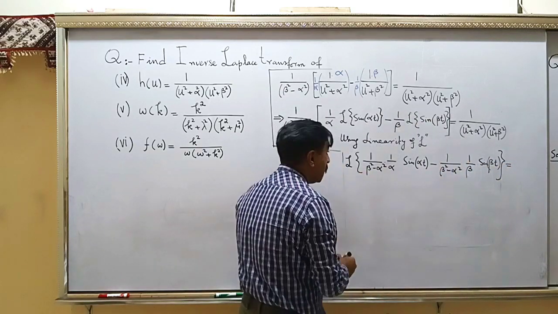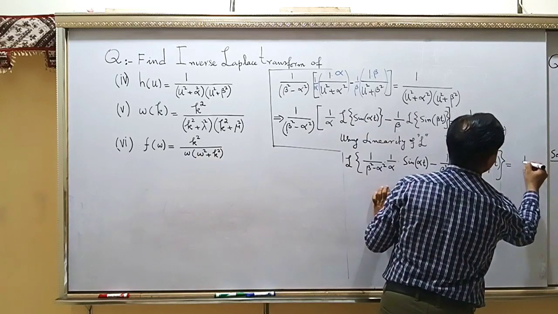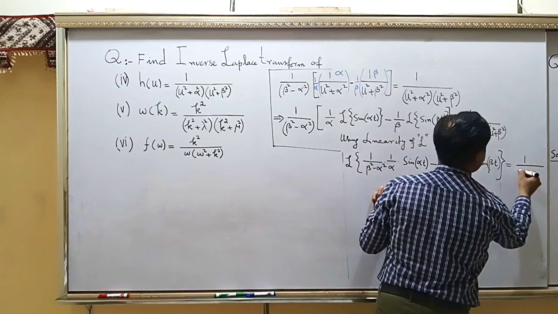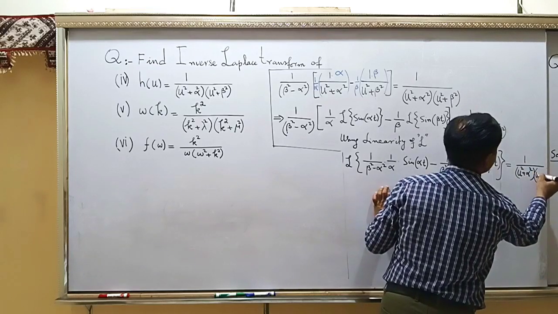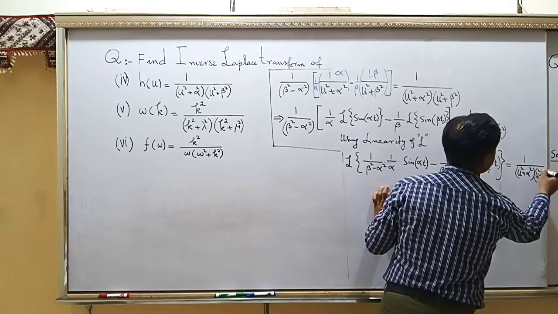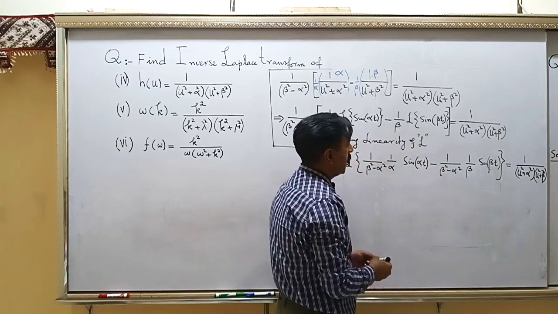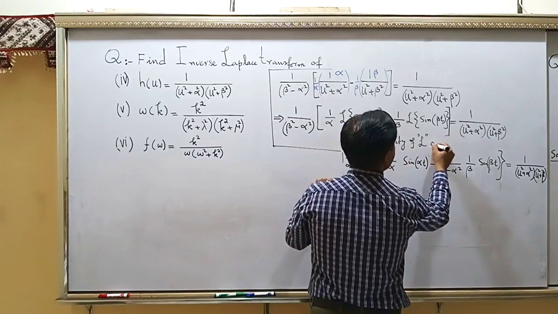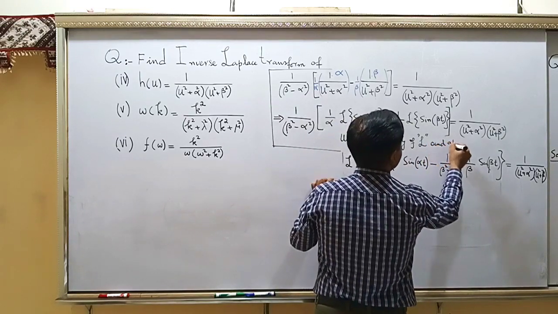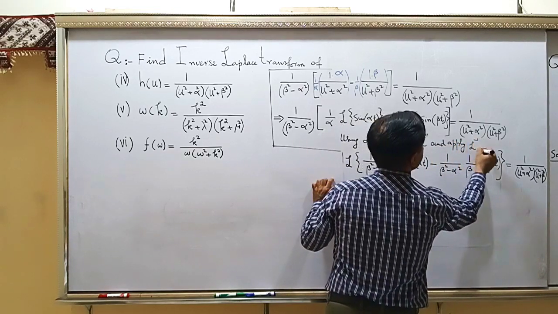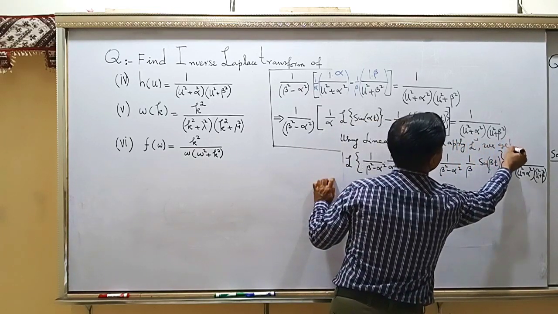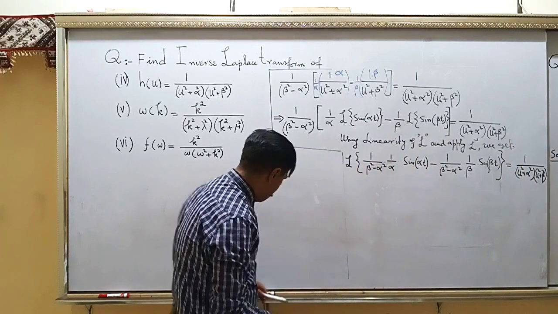Let me write this factor again, 1 over u square plus alpha square into u square plus beta square, and apply L inverse.